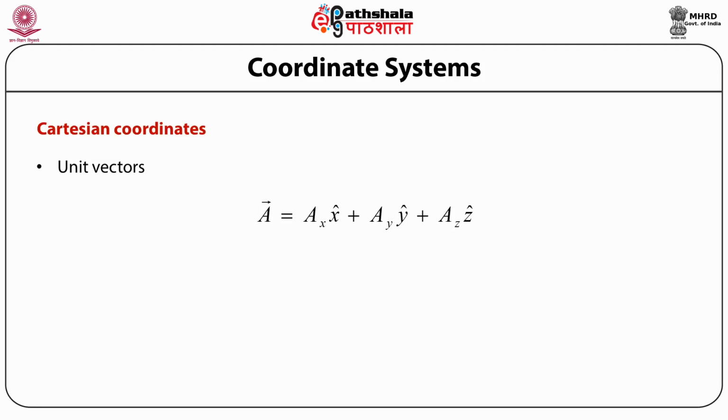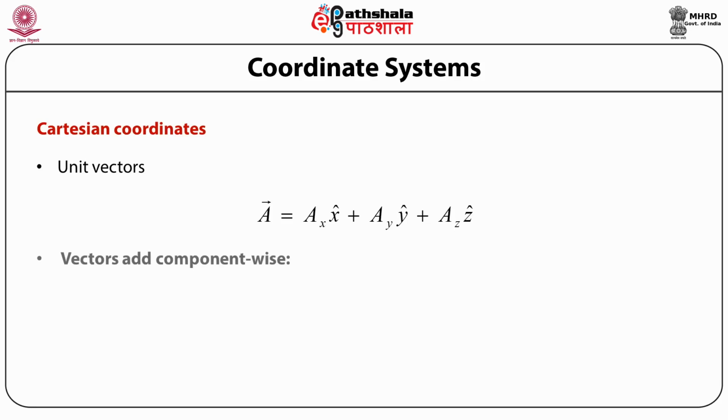So for example, A subscript x denotes the component of the vector A along the x direction or the x axis. Similarly, the unit vector x denotes the unit vector along the x axis, the unit vector y denotes the unit vector along the y-axis, and the unit vector z denotes the unit vector along the z-axis.